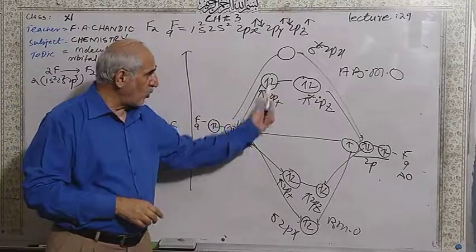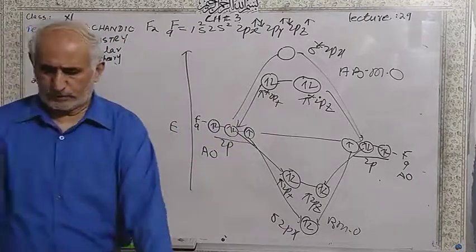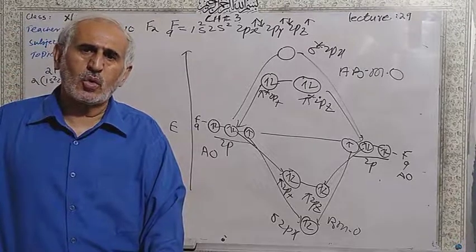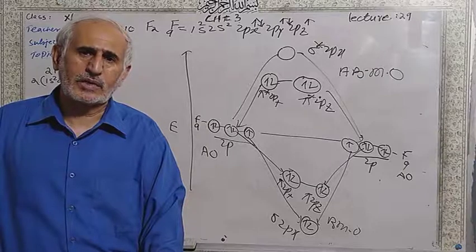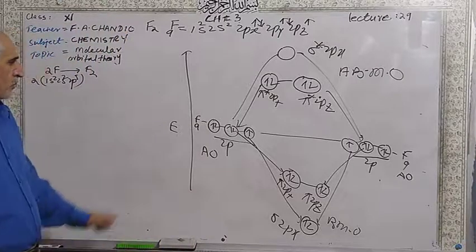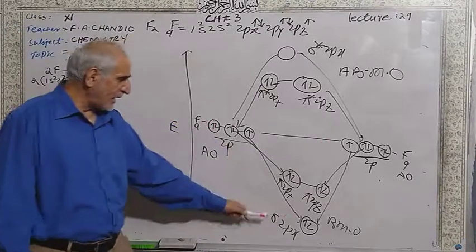So 6 and 4, 10, no unpaired electrons. If you see the structure, there is no unpaired electron. All are paired. 5 and 5, 10.